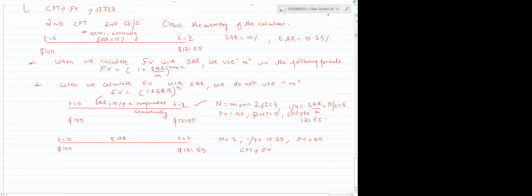Please do this on your calculator. This should give the same result as 121.55.